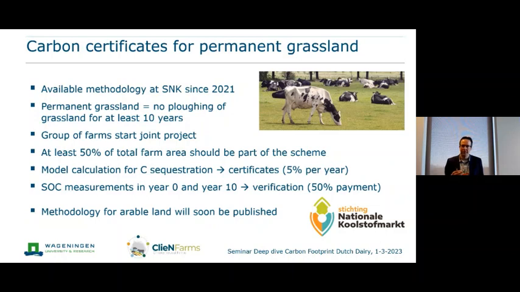You do a measurement at the start, and after 10 years, and if at project level you achieve indeed the calculated sequestration, the 50% can be paid. So this is already starting. There's projects going on. I think Friesland Campina also is looking at it, starting maybe projects on this. And another methodology for arable land will soon be published as well, so that can also then be used as a similar methodology for arable farms.